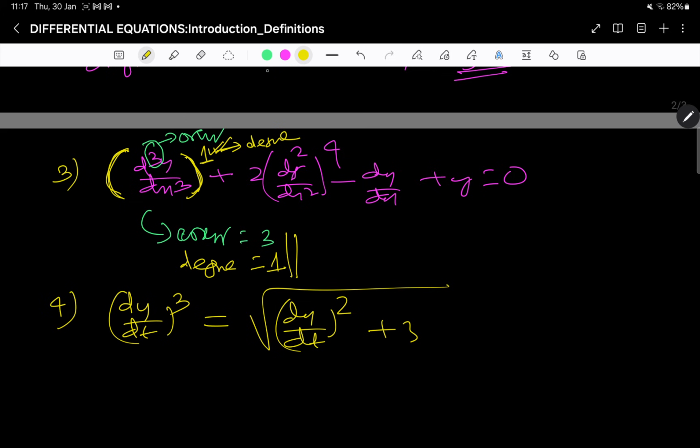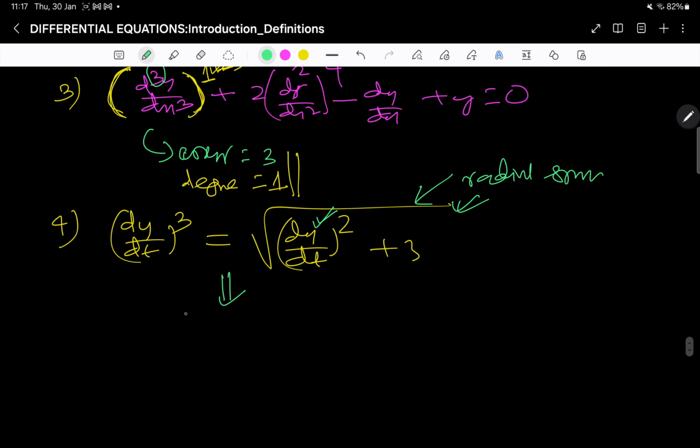You see, there is a radical sign here, a radical sign over the derivative term. So we have to make it free. Okay, so what we have to do? We just square both sides. Dy by dt whole to the power 6 is dy by dt whole square plus 3.